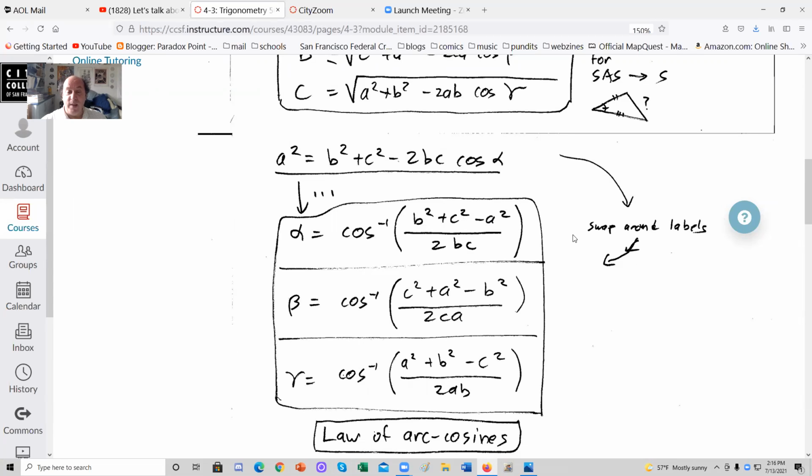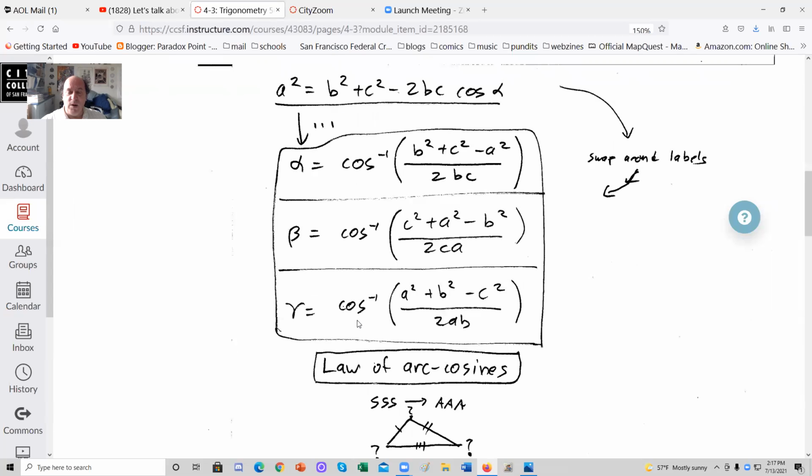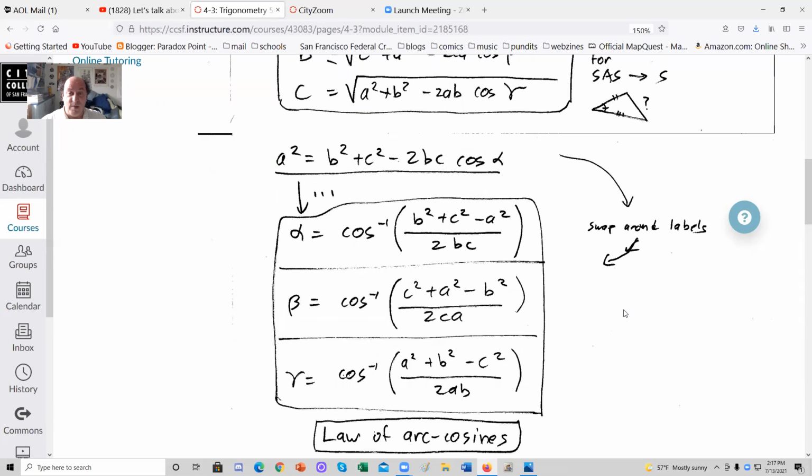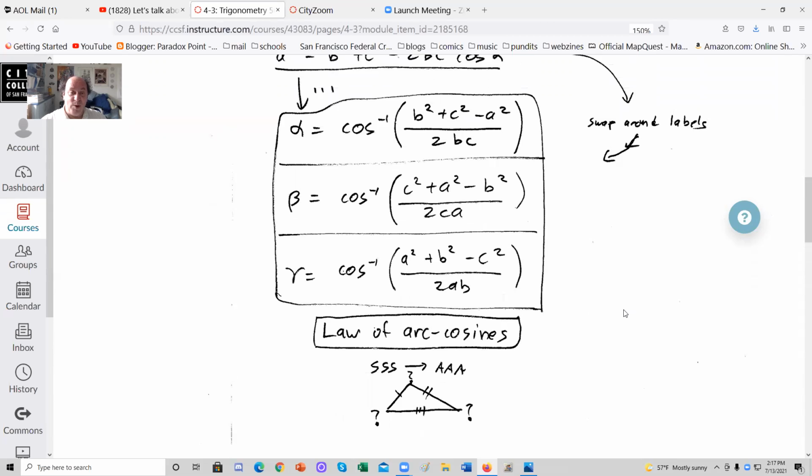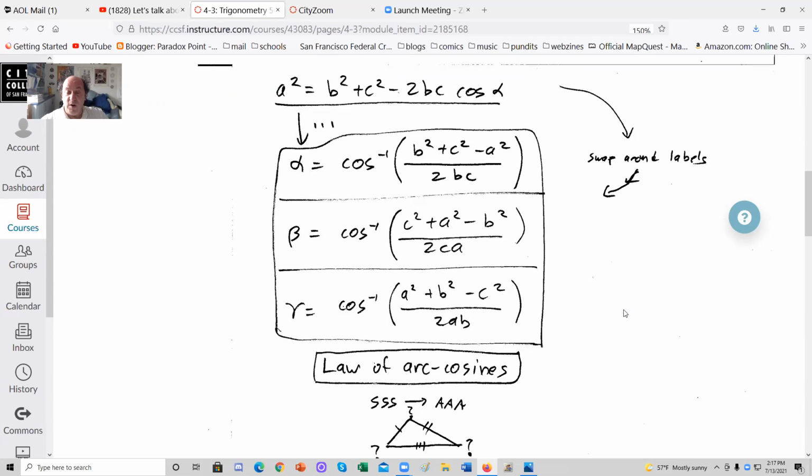If we swap around the labels, alpha to beta to gamma, a to b to c to a, then we also get that beta is arc cosine of (c squared plus a squared minus b squared) over 2ca, and gamma is arc cosine of (a squared plus b squared minus c squared) over 2ab. I call this the law of arc cosines. You can just say that it's derived from the law of cosines. They don't call it that in the book, but I think it's useful. In fact, it's very useful.